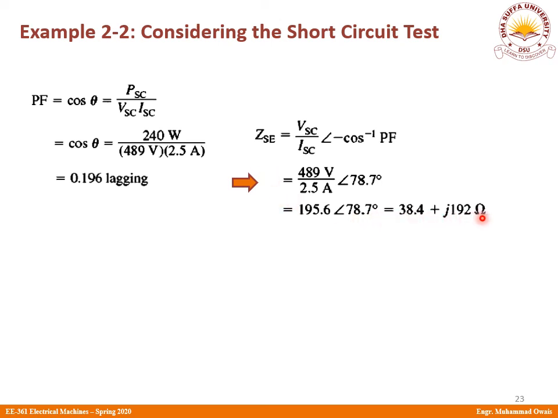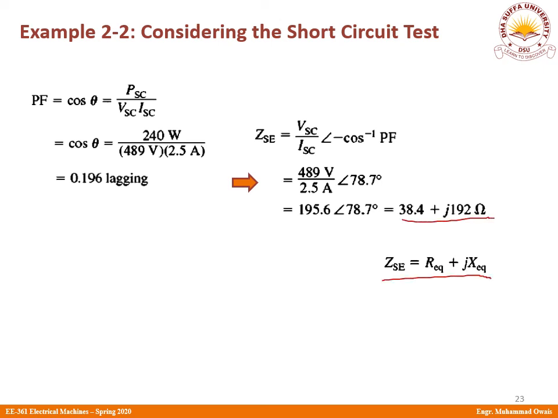Now I have this relationship. Okay, so this is my real part and this is my imaginary part. And in the previous slide we discussed another relationship of the impedance when we are talking about the short circuit test. So ये मेरे पास, this is one equation, so this is my equation 1 maybe, and this is my equation 2.